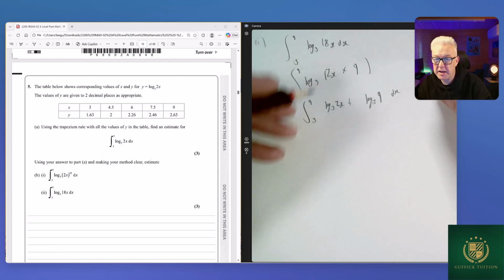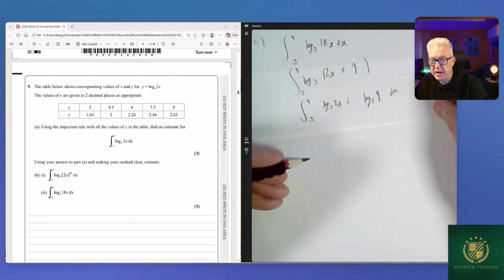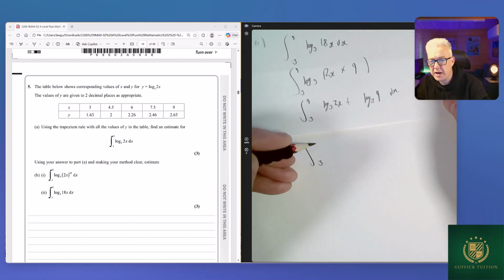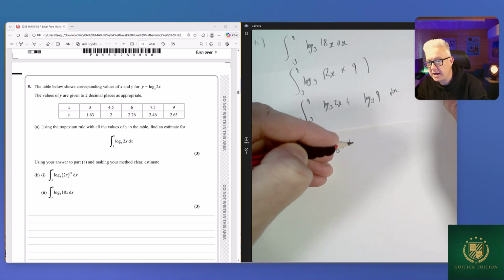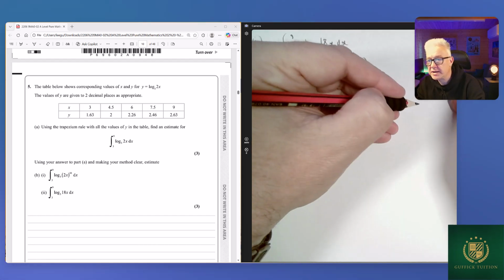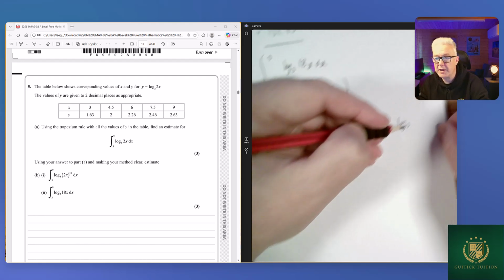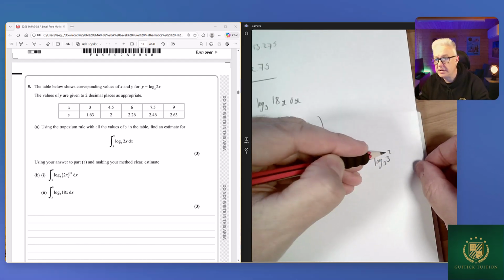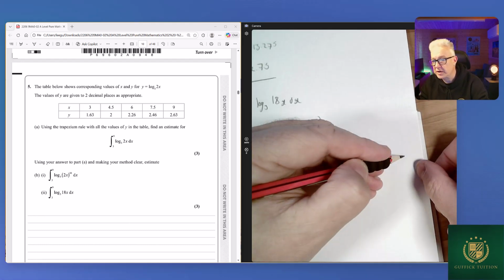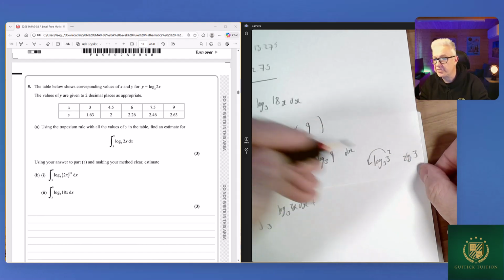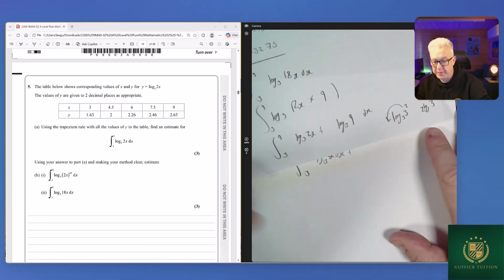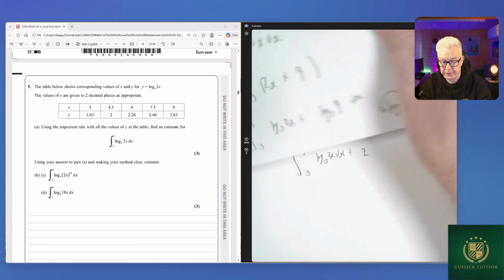What we're going to get is the integral of log to the base 3 of 2x dx plus, and this is log to the base 3 of 3 squared, so that comes to the front, which gives us 2 log to the base 3 of 3, and log to the base 3 of 3 is 1. So the answer to that bit here is 2.